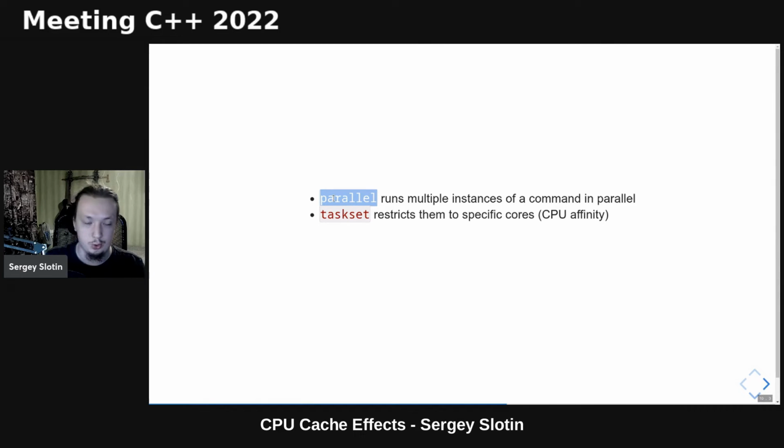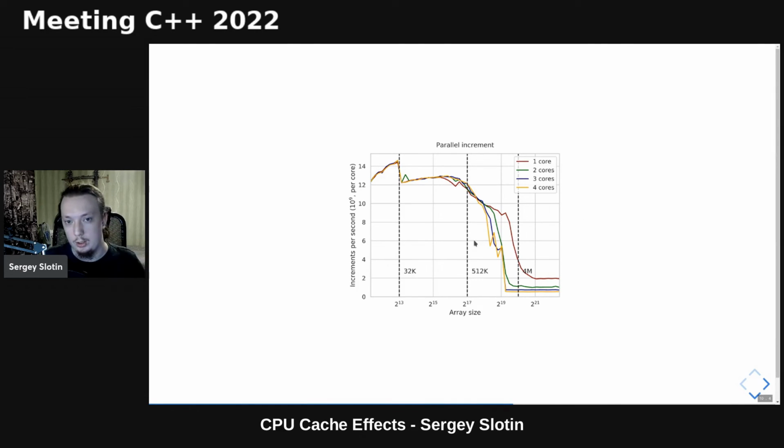And to control which cores are executing which processes, we set their processor affinity with taskset. This combined command runs 4 processes that can run on the first 4 cores of the CPU that share the same L3 cache. So here's what we get when we change the number of processes running simultaneously.